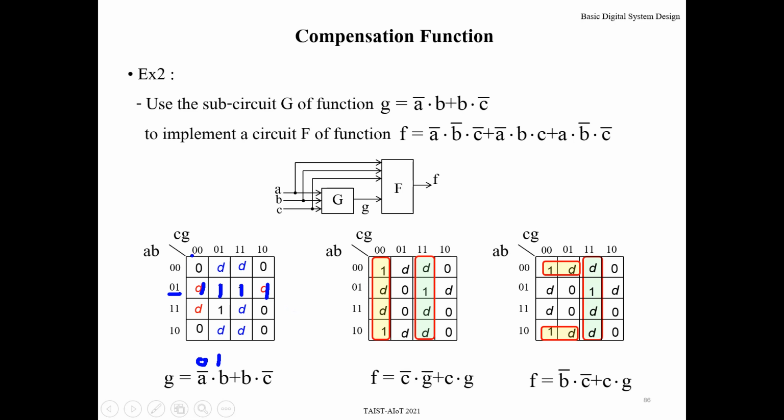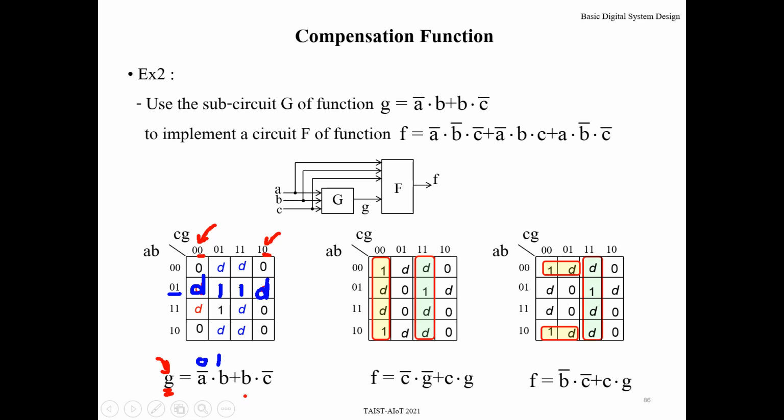But from this table, the value of T is 0 here, 0 here. But your result in this table is also the value of G. G is 1, but this one is 0. It's impossible, right? A contradiction occurs. That means it's impossible to be 1 here. So you can write here as don't care, because it cannot occur.